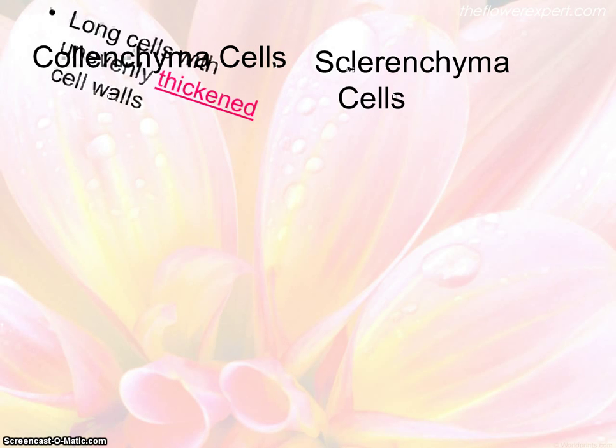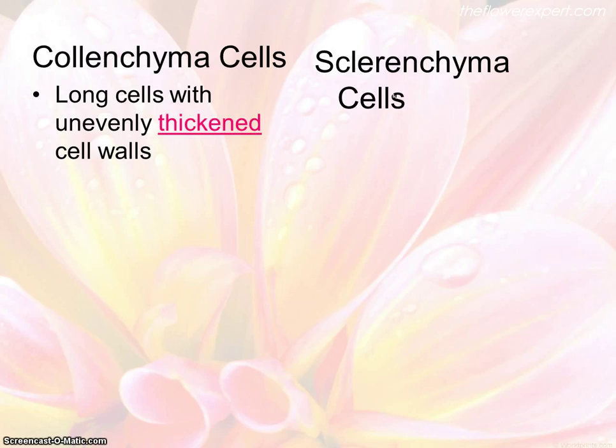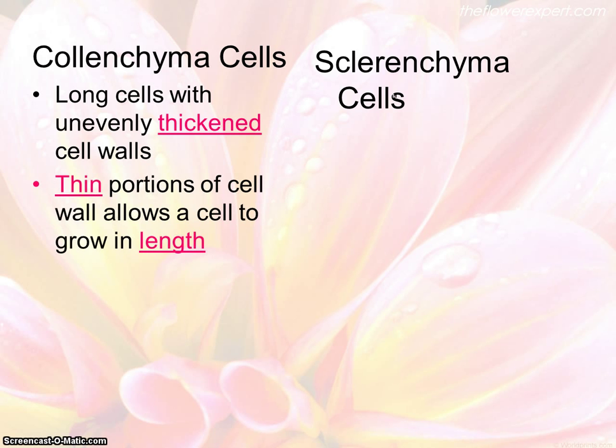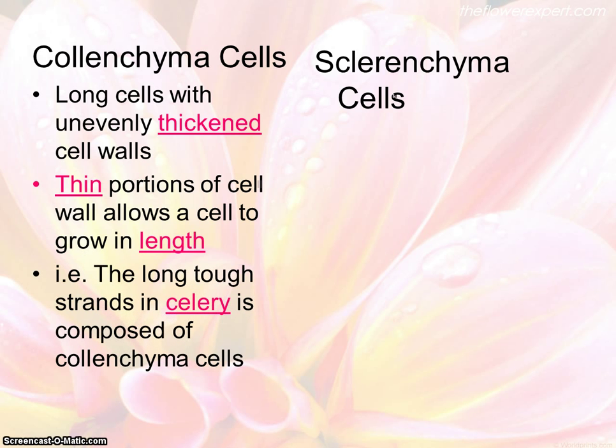Some other types of cells, the collenchyma and the sclerenchyma, so these are some very nice words. All right, the collenchyma cells, they're elongated, they have very thickened cell walls. Think about the celery, for example. The long stringy fibers that make up celery, those would be composed of collenchyma cells.